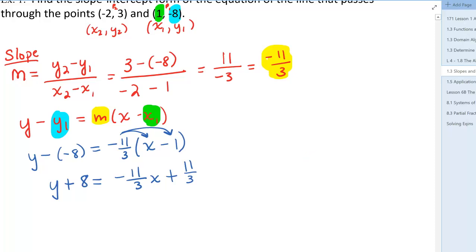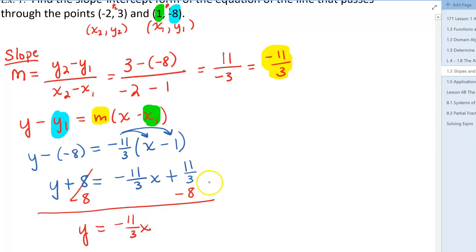Now to solve for y, the last thing I'm going to do is subtract 8 from both sides. 8 doesn't have an x in it, so I don't subtract it from here. I just subtract it from here. These are going to cancel, which leaves me with y equals negative 11/3 x. And then if I think of negative 8 with a common denominator, it's going to be negative 24 over 3, right?